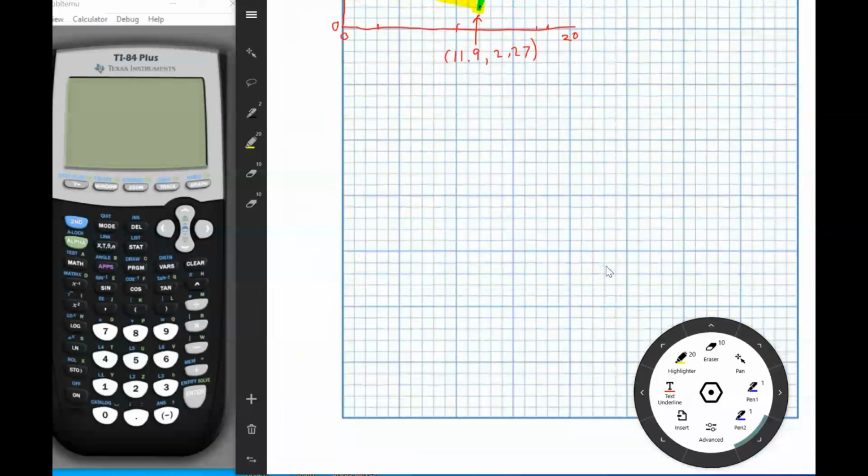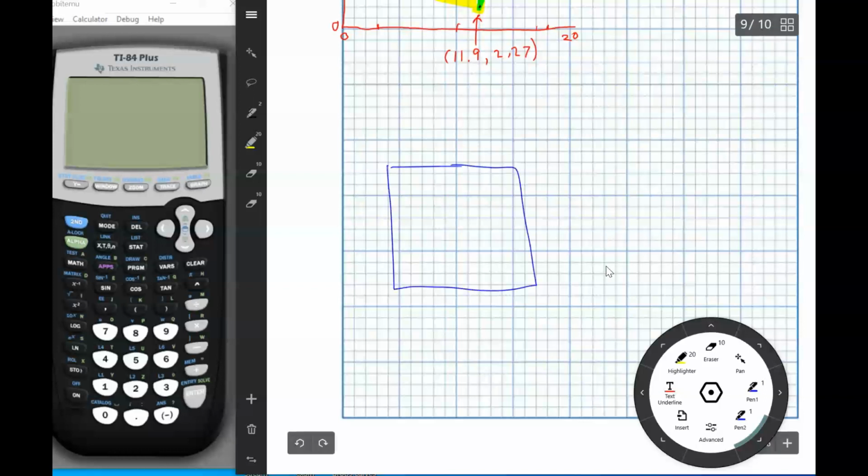So basically, what we're saying is we are going to take a piece of card, and the card is 8 centimeters by 6 centimeters. So we're going to have 8 by 6. And it says that we cut out a square from each corner.